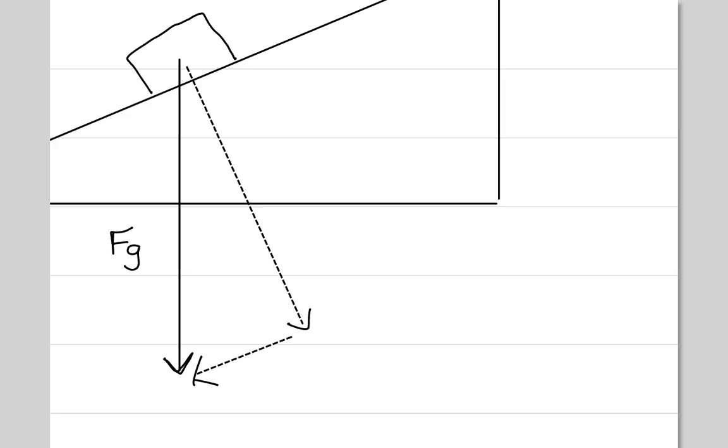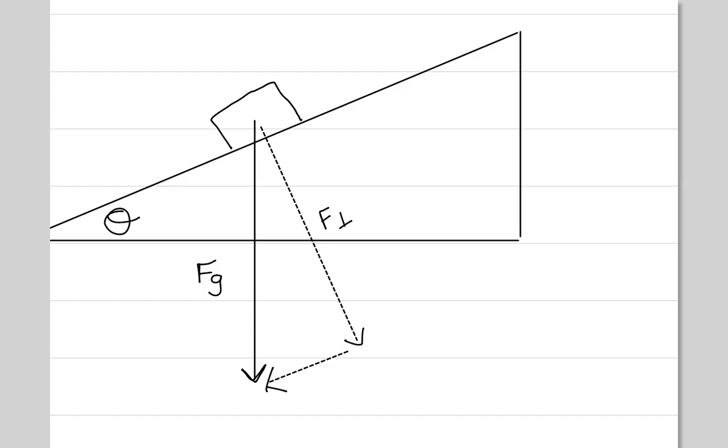The longer one. Why? Because it's perpendicular to the surface of the ramp. That's the symbol for perpendicular. It makes a 90. You know what perpendicular means? 90 degrees. And we're going to call this one down here F parallel. So those are the two symbols for parallel and perpendicular.